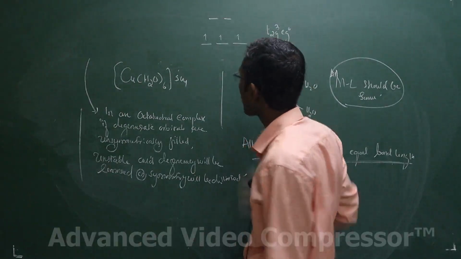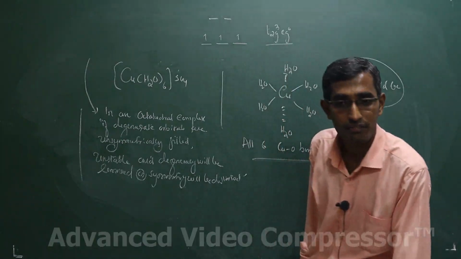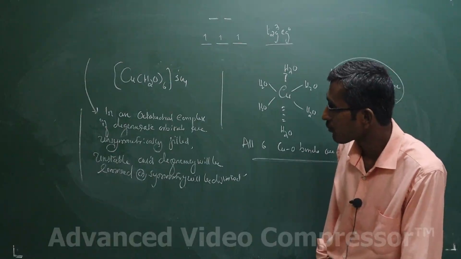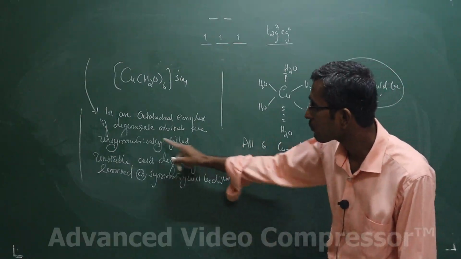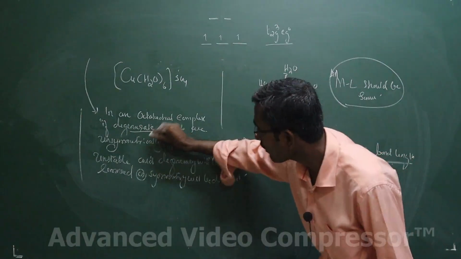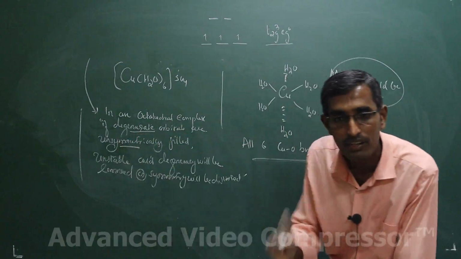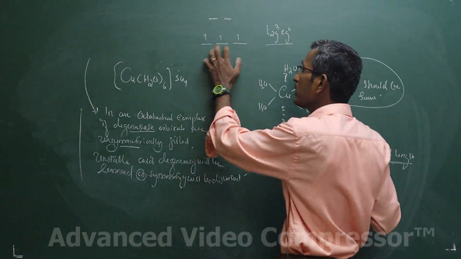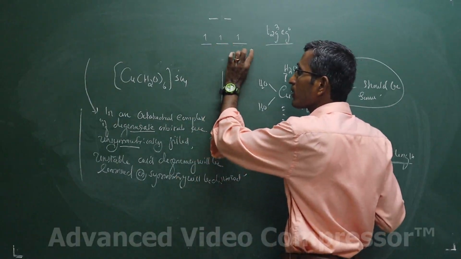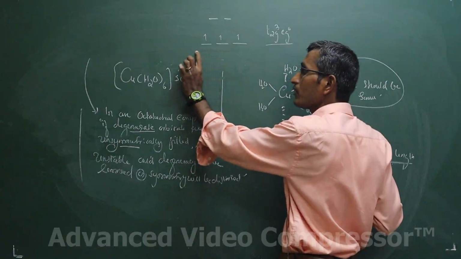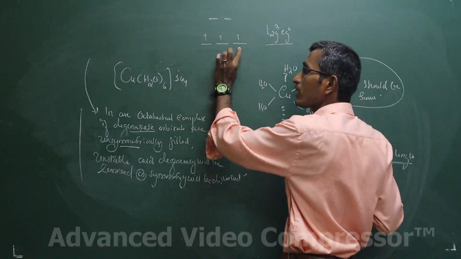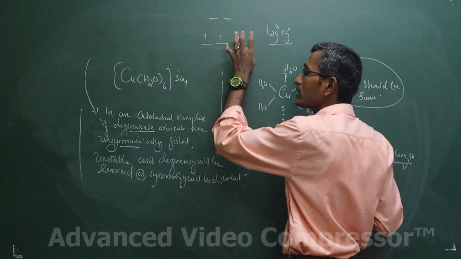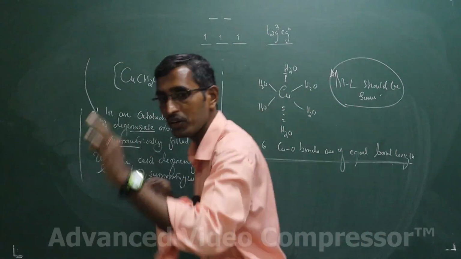If this is the case, there is no question of the Jahn-Teller effect, because the Jahn-Teller effect happens only when the degenerate orbitals in an octahedral complex are unsymmetrically filled. Look here, you have a triply degenerate orbital. It is not unsymmetrically filled, it is symmetrically filled. Each orbital is taking one electron. That means there is symmetrical filling of the degenerate orbitals, so there is no chance of the Jahn-Teller effect.